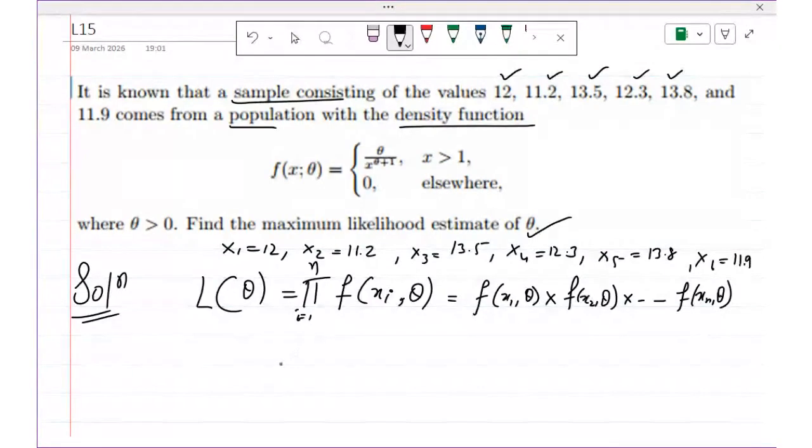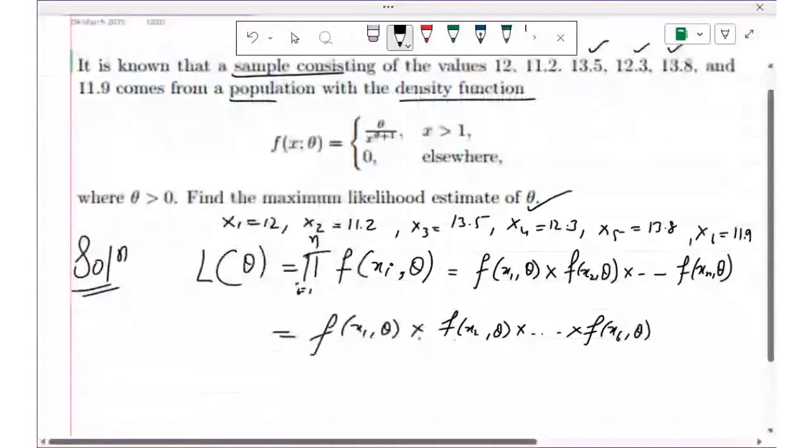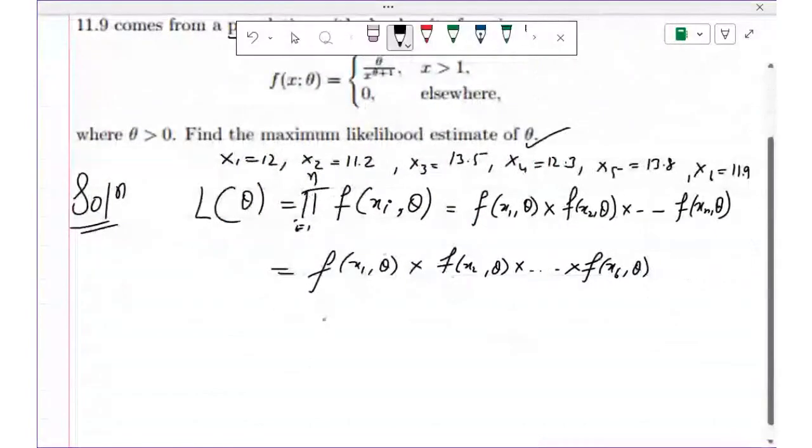We'll put these values in place of x1, x2, xn. Because there are only 6 sample values, we take f of x1 comma theta into f of x2 comma theta and so on up to f of x6 comma theta.